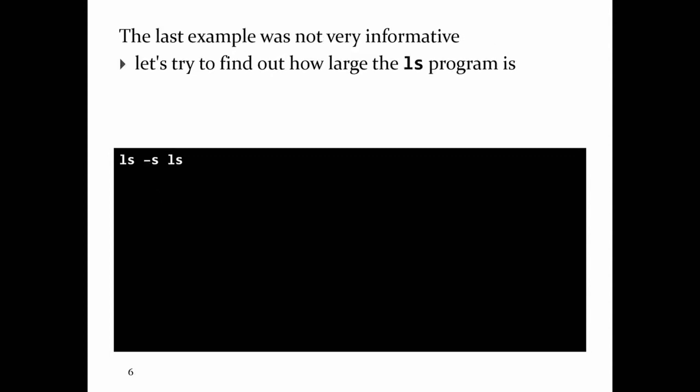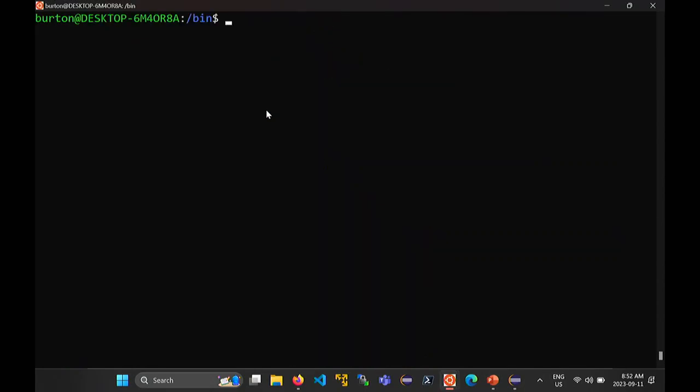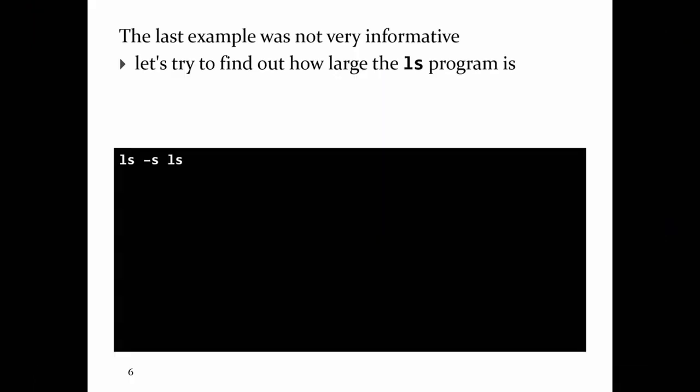Okay, so like most other bash commands, the ls command has a whole bunch of options that you can pass to it. If you want to know how big a file is, that's what the -s option is for. ls -s ls says that the file ls is 140 units big. You might wonder what the units are. The units are in something called the block size, which is not important.